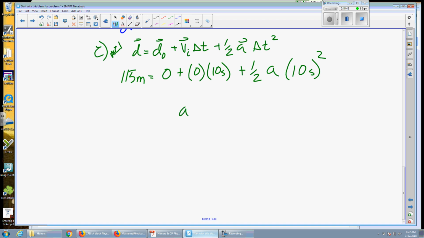So I'm going to end up with A equals 115 meters over 50 seconds squared, which is 2 point something, 2.3 meters per second squared.